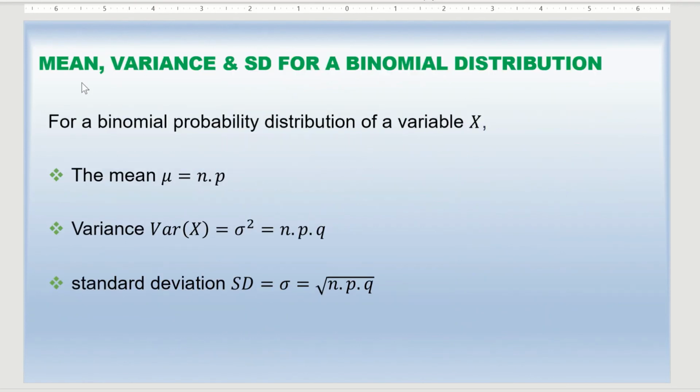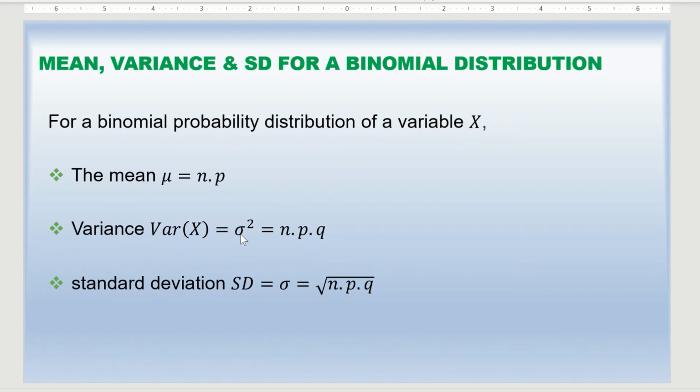Now let's talk about mean, variance, and standard deviation for binomial distribution. For the binomial distribution of the variable x, if x satisfies the binomial experiment, the mean mu is n times p. So if we multiply the number of trials with the probability of success, that will be the mean.